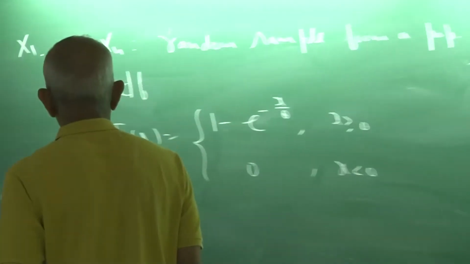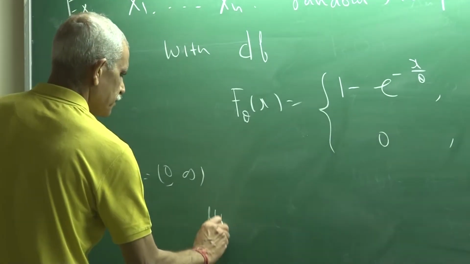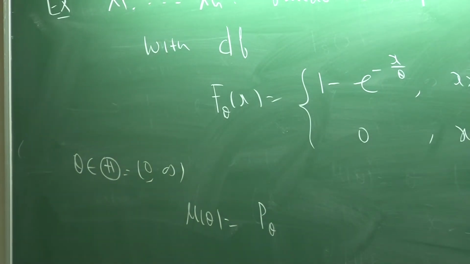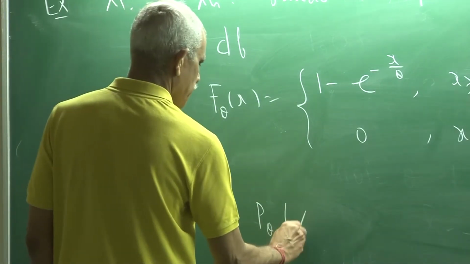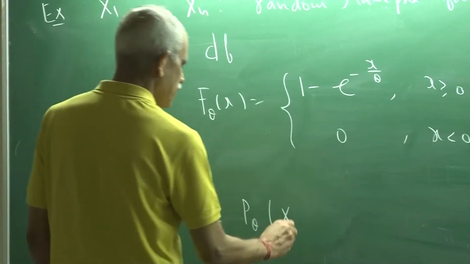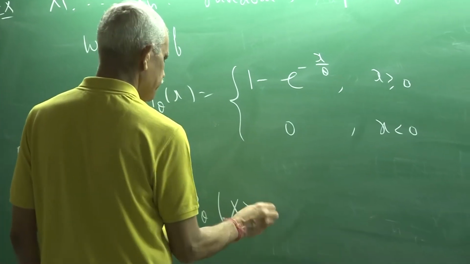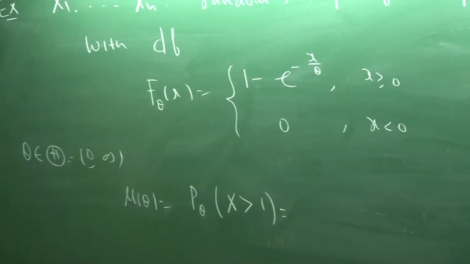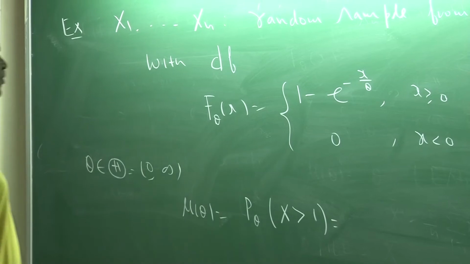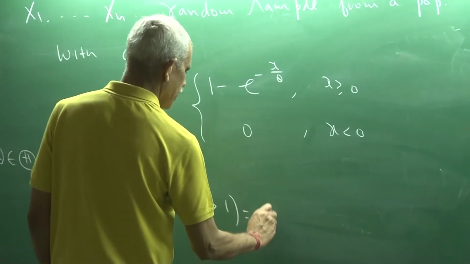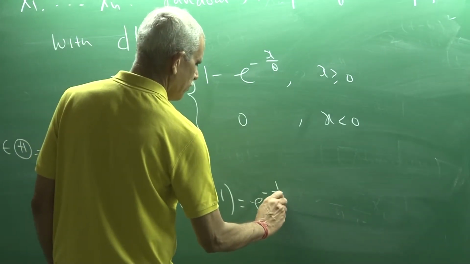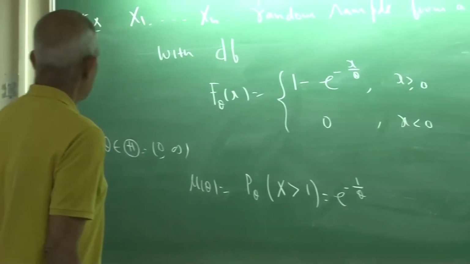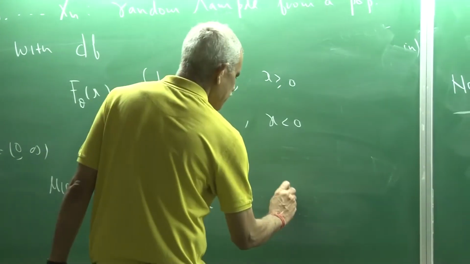And I am interested in estimating the probability that x is greater than 1. Probability x greater than 1, you know, is nothing but e to the power minus 1 by theta. So what is the action space?